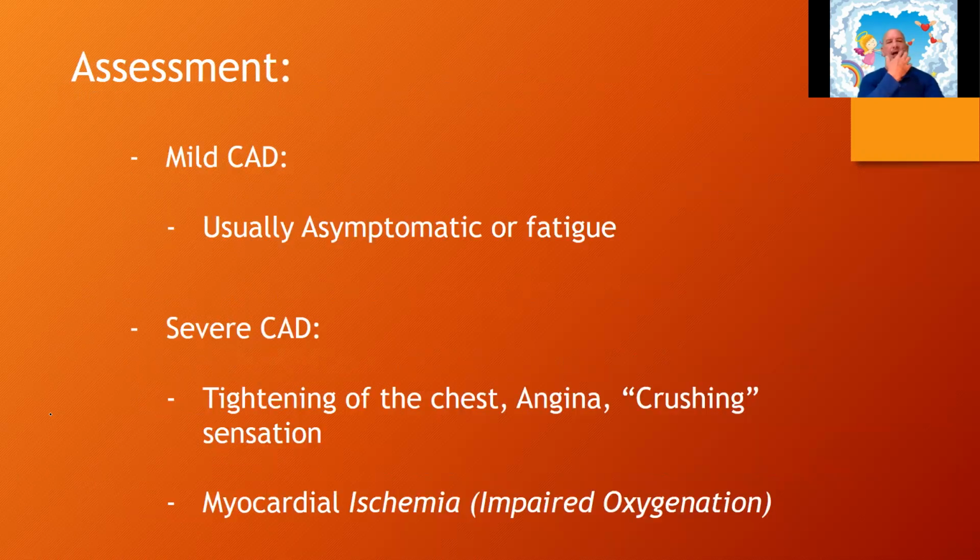Now, when it comes to coronary artery disease, you can have just mild buildup in your vessels, and you may not even know it. I mean, most of us, when you get over 60, you got to start getting some buildup in your heart. There's just no way around it.